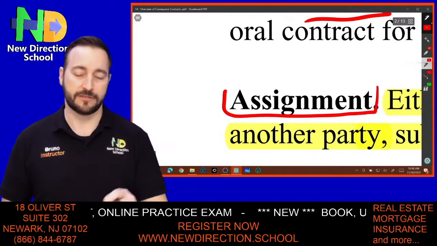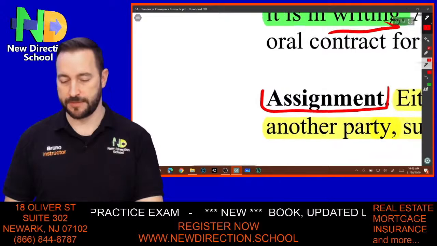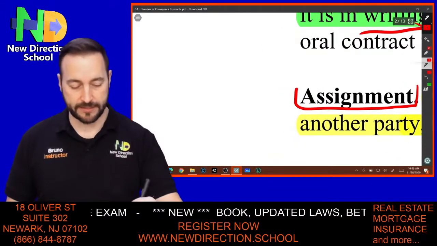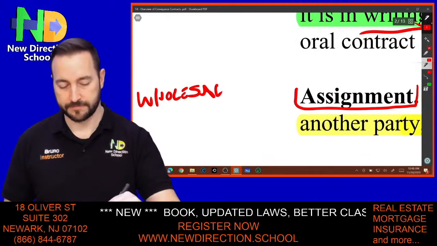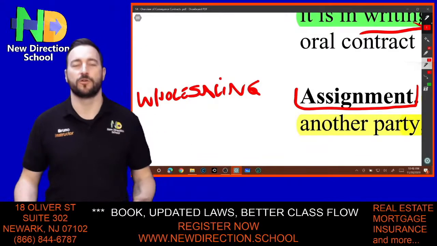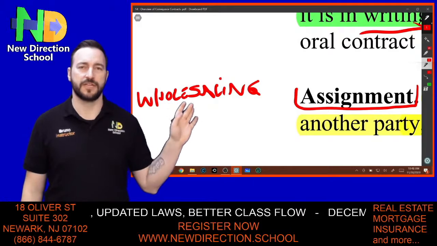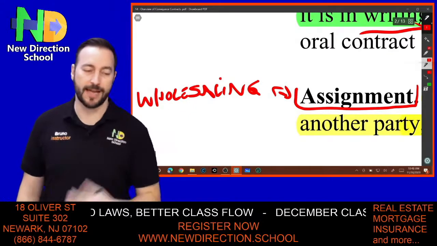So assignment in today's day and age, it's always called the same, but we commonly know it as wholesaling. That's when investors or first-time investors put it under contract. For the real estate exam, don't worry so much about it. I just want to point out what happens.